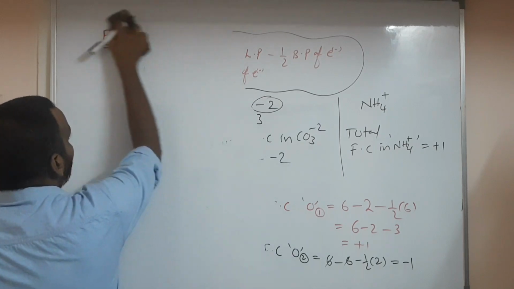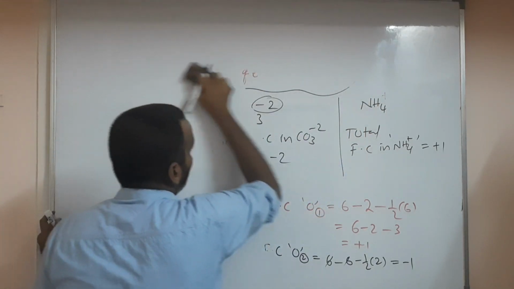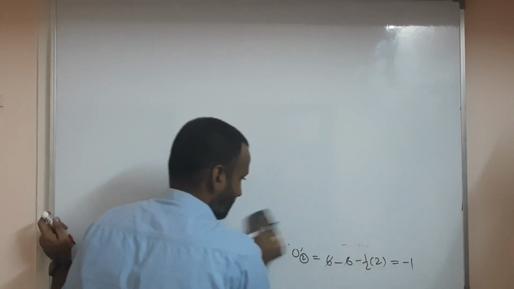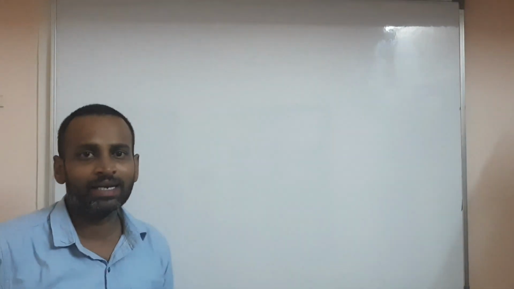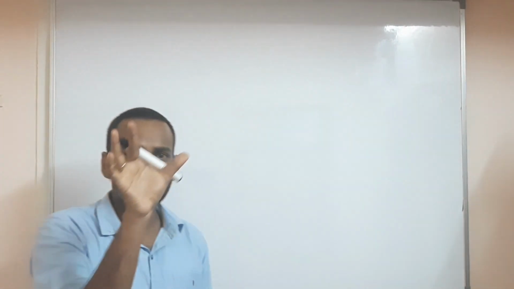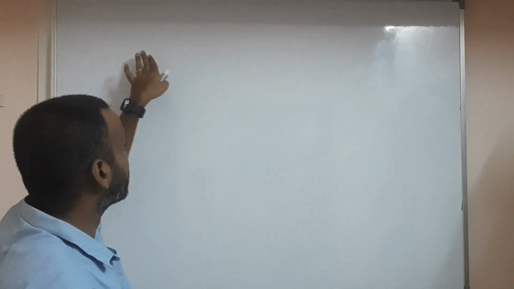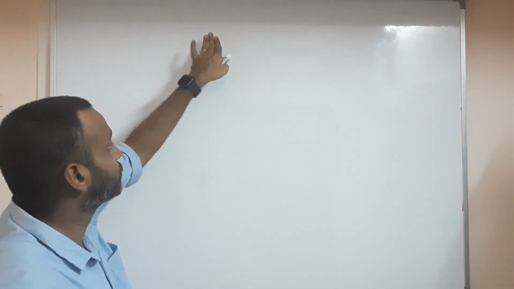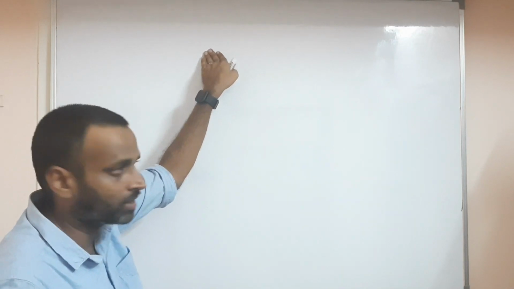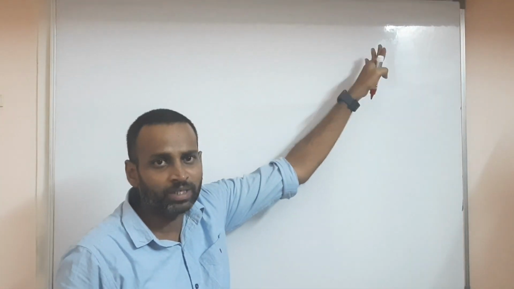Everybody knows that I gave shapes and geometries based on the number of electron pairs. While listening to this class, keep the chemical bonding, VSEPR theory or hybridization flow chart I gave. There, when the number of electron pairs is 2, the geometry is linear, with 2 bond pairs, and I gave examples like CO2, BeCl2.